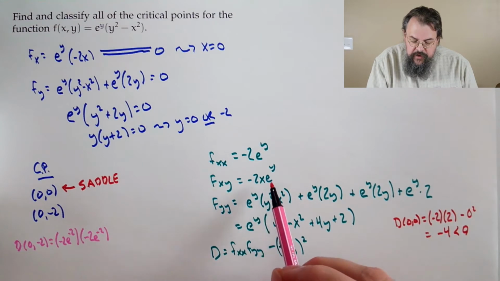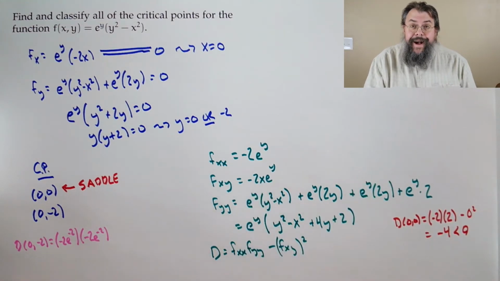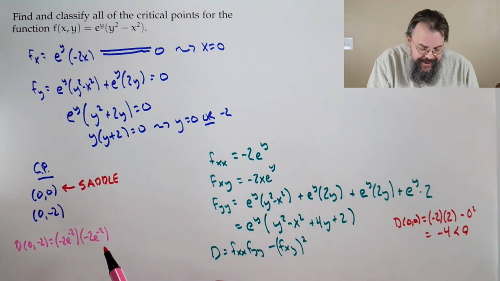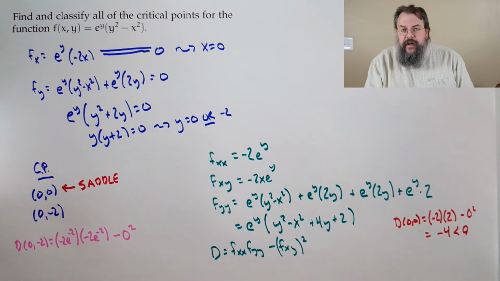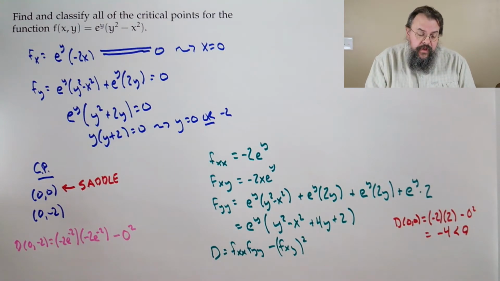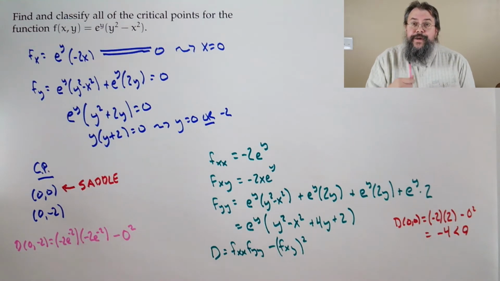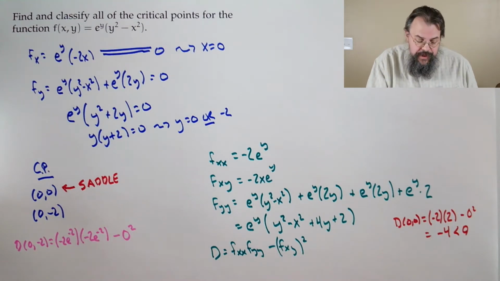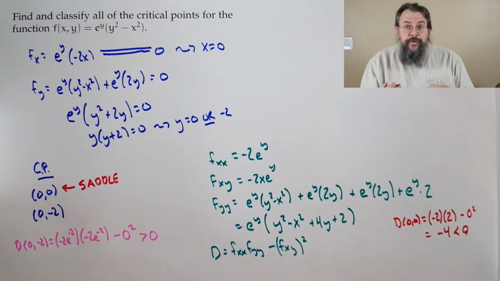And when we plug in 0, negative 2 here, we'll get 0. Right? Because x is 0. Aha! Nice! Phew! That actually turned out to be not so bad. Of course, we're going to square it, but it doesn't really matter. Now, what happens? Well, we have a negative times a negative, which is positive. Perfect. So we know it's a local something.